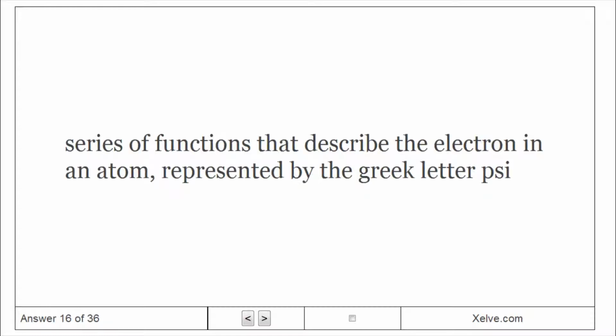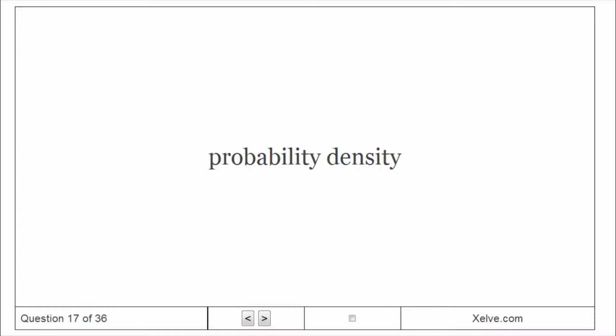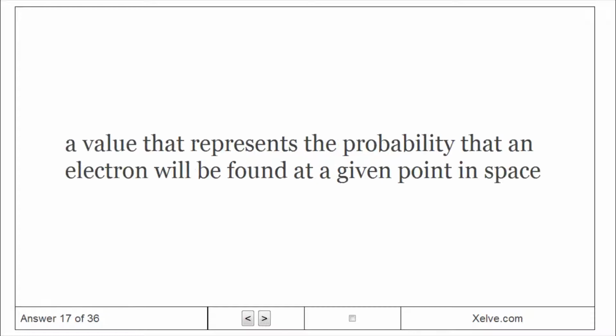A series of functions that describe the electron in an atom, represented by the Greek letter psi. Probability density. A value that represents the probability that an electron will be found at a given point in space.